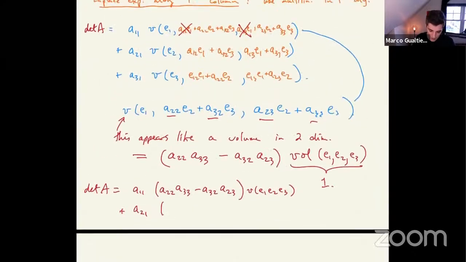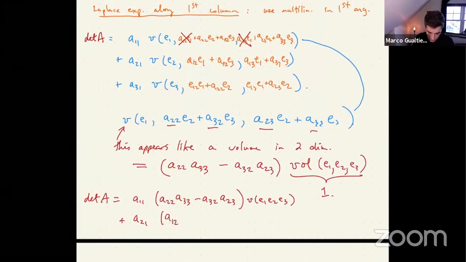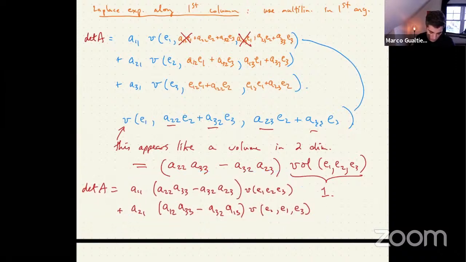But it's okay. I'll just treat it exactly the same way. Oops, sorry. What I'll do is I'll write it as A12, A33 minus A32, A13. And now I'll put the volume in the order that it appears in the second term, which is E2, E1, E3. And then the last term is going to be A31 times A12 and A13.